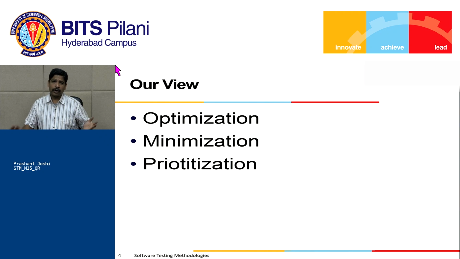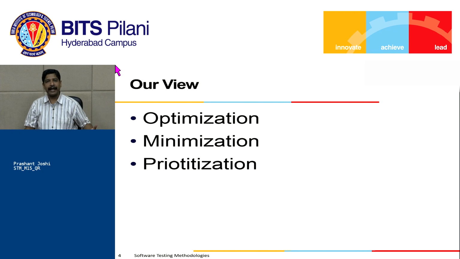In addition to this, with the increasing number of changes, we want our test cases to also be optimized, minimized, and prioritized. If test cases keep on increasing, the effort required will also keep on increasing. For a little feature on a big base, our effort required for testing will be huge, which we do not want.